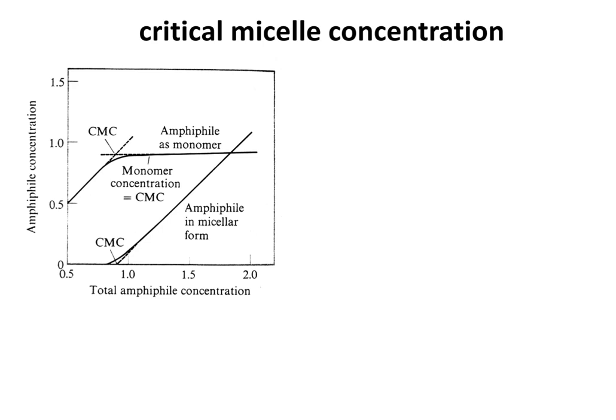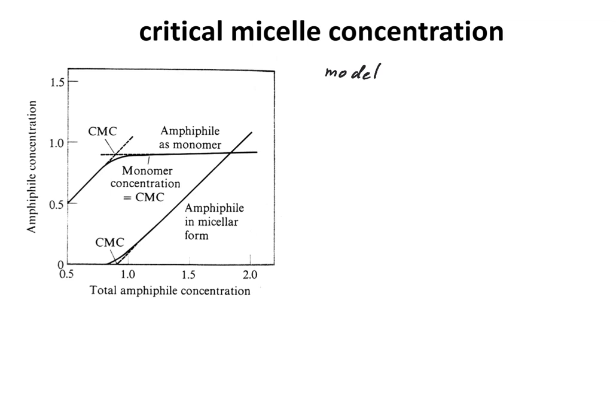And this is a nonlinear process. As soon as the micelles occur, if you further increase the amphiphilic concentration, you only increase the concentration of the micelles, and the amphiphilic concentration that is just a monomer in the solution stays constant.